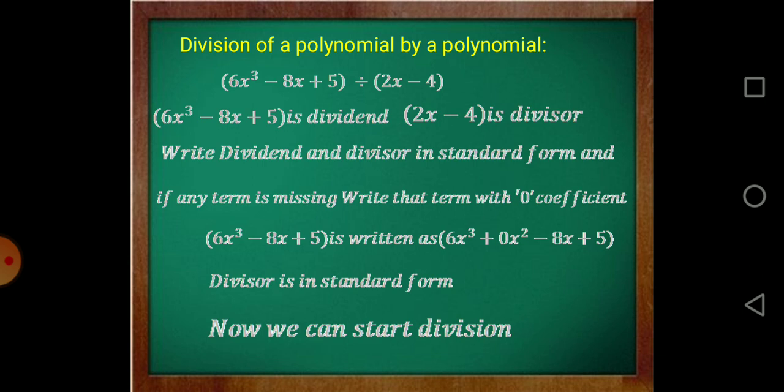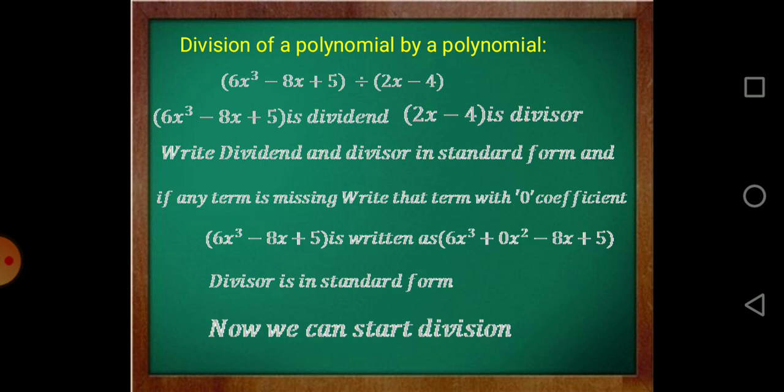So, now you should understand that if the dividend is a cubic polynomial, there will be 4 terms. If the dividend is a square polynomial, there will be 3 terms. If the dividend is a polynomial of degree 4, there will be 5 terms. If any term is missing, we will insert it with the coefficient 0.